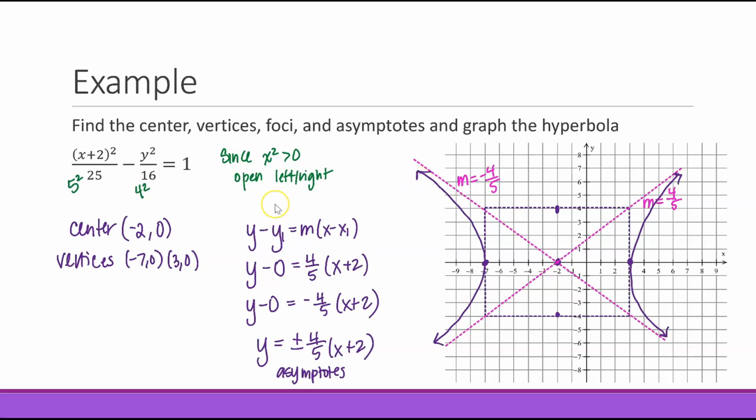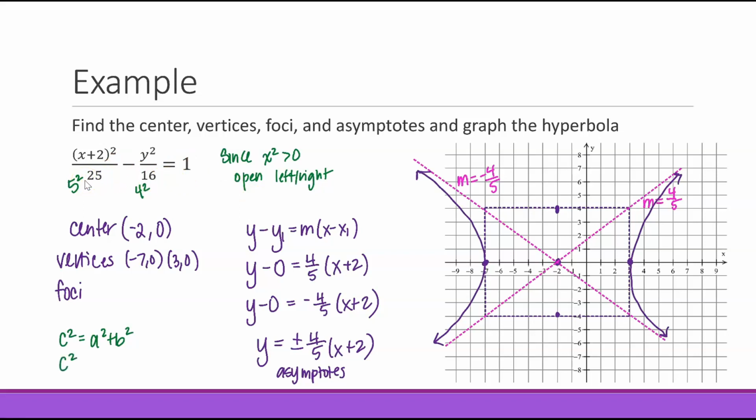And then finally we have to find the foci. We already found the asymptotes. To find the foci, we're going to need to use the formula c squared is equal to a squared plus b squared. For a hyperbola, they're added together. For an ellipse, we subtract bigger minus smaller. So here, we're just going to add the two denominators together.